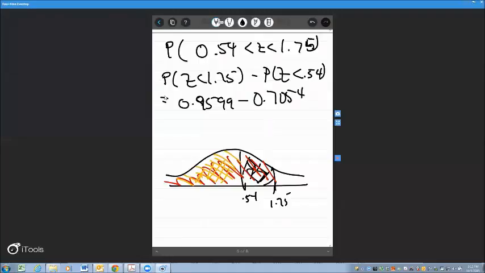So the probability of being less than 1.75, which was 0.9599, minus the probability of being less than 0.54, which was 0.7054, gives me 0.2545.